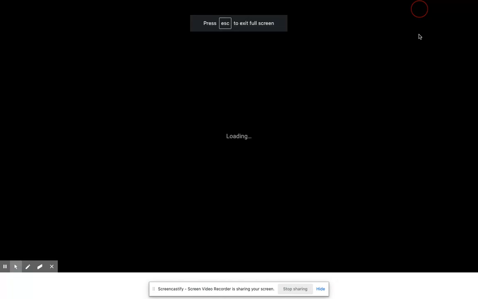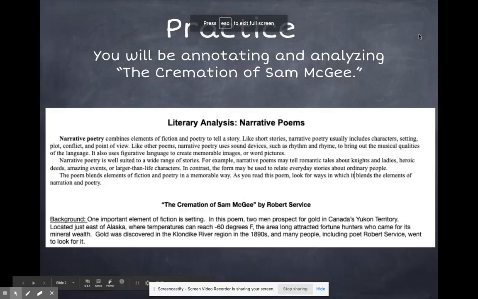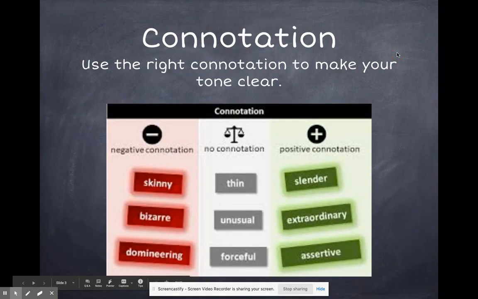Going back here to the slideshow of the lesson, you would continue on to the skill of connotation. Now, connotation really has to do with word choice and making sure that you have a clear tone. So as you can see on this slide, we have some examples to start us off. Negative connotation would be words such as skinny, bizarre, domineering.